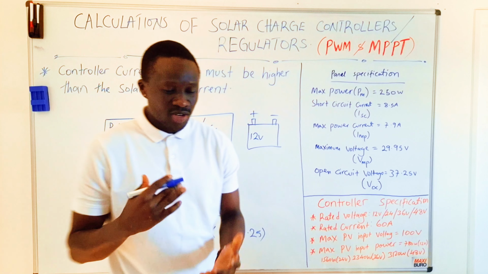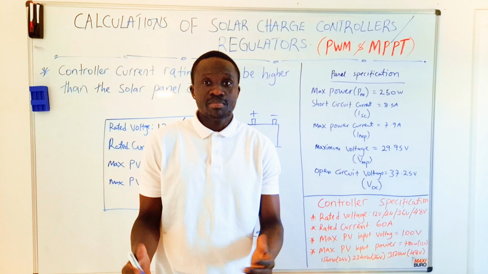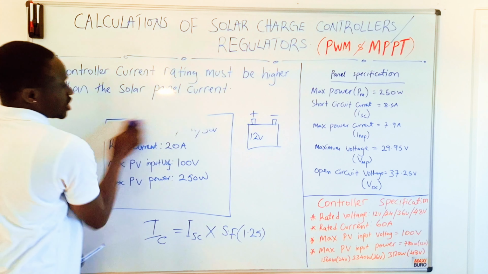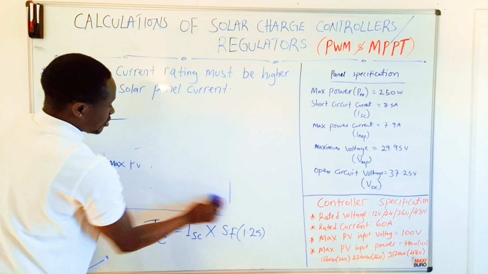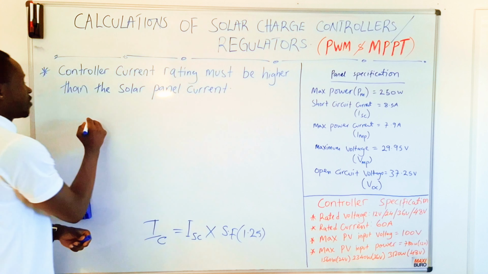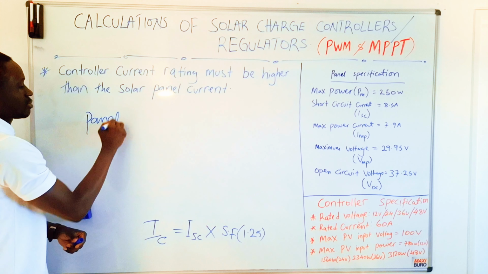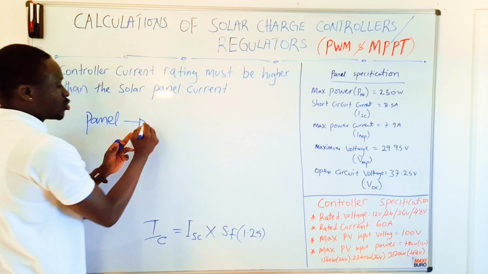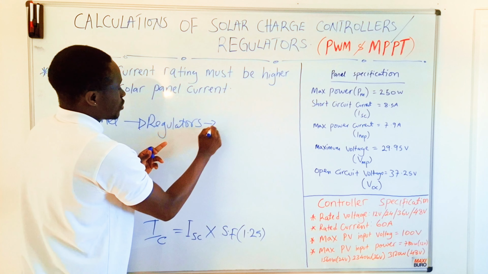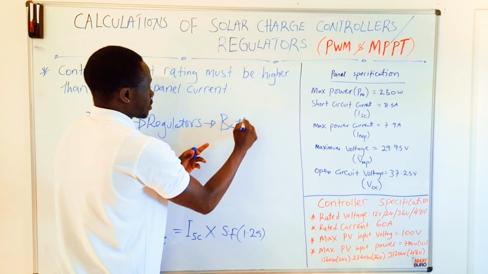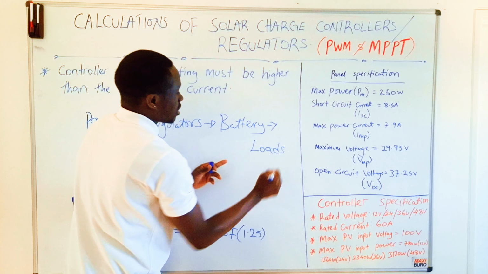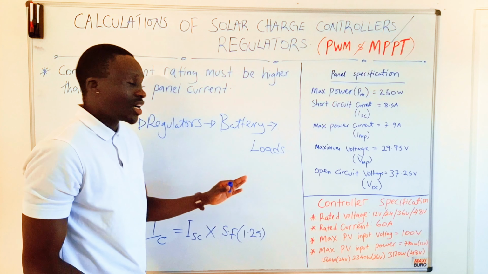We are going to handle the battery system. The power moves from the panel to the regulators, then to the battery, then to the loads, and we shall close our solar lessons.